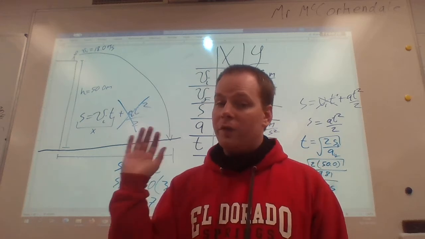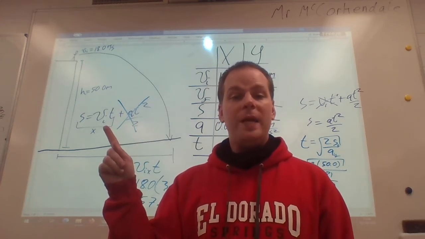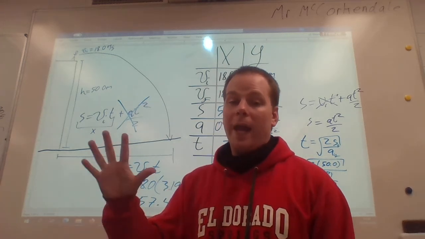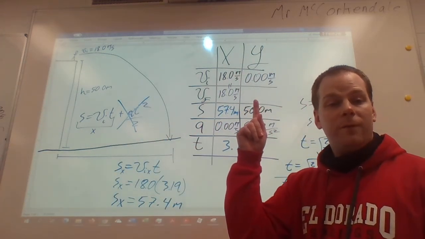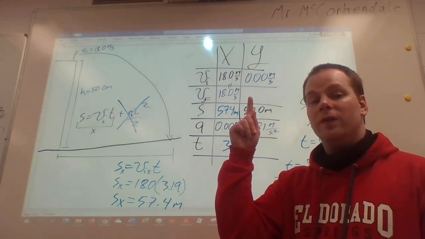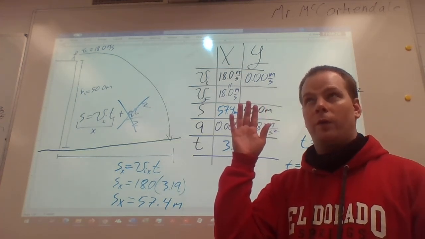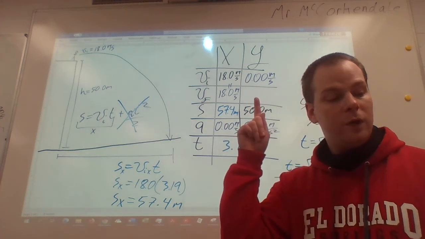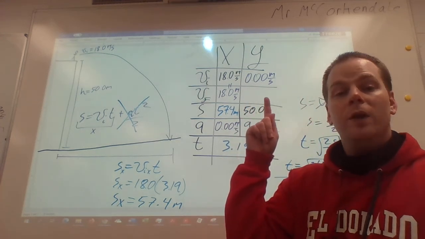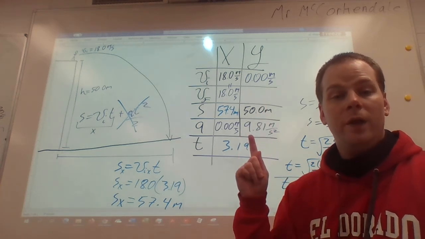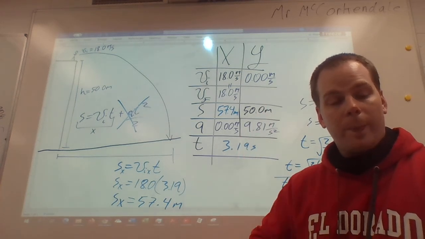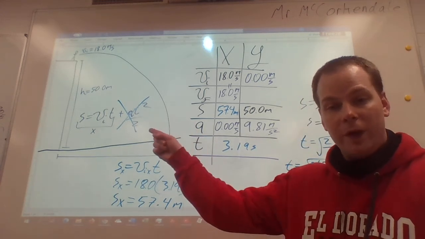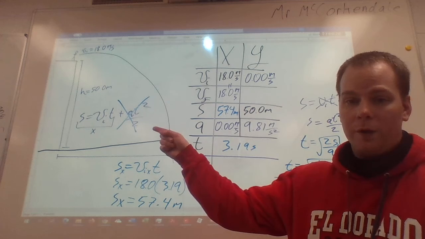Now, if for some reason VI is not 0 and you're trying to get T, you can always calculate VF using the second kinematics equation, and then you can use the first kinematic equation to get T, if you really want to avoid that quadratic. But most of the time, this is the equation that you're going to want to use.